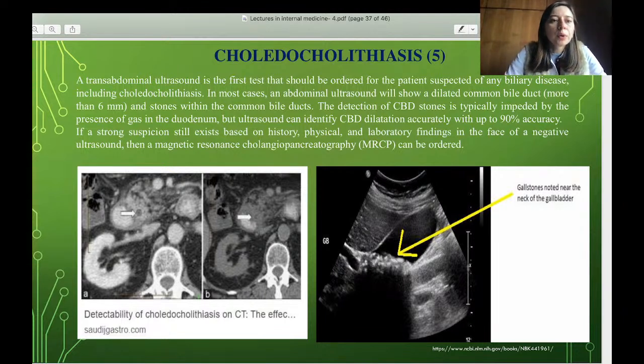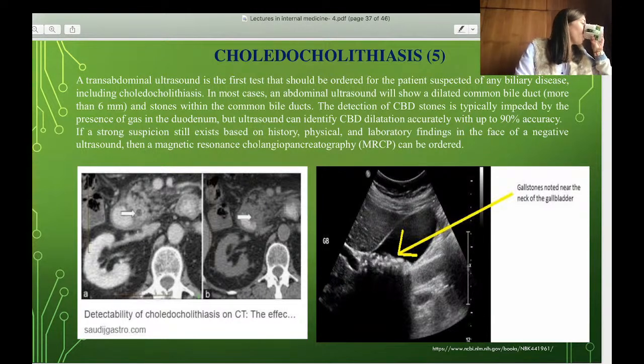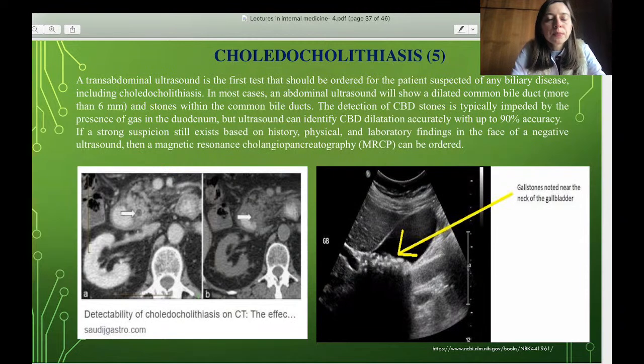A transabdominal ultrasound is the first test that should be ordered for the patient suspected of any biliary disease, including choledocholithiasis. In most cases, an abdominal ultrasound will show a dilated common bile duct and stones within the common bile duct.